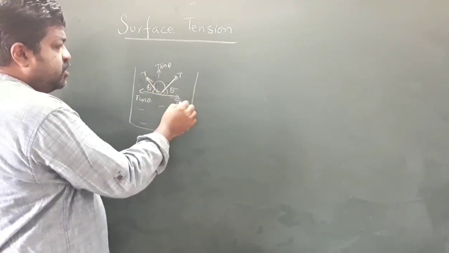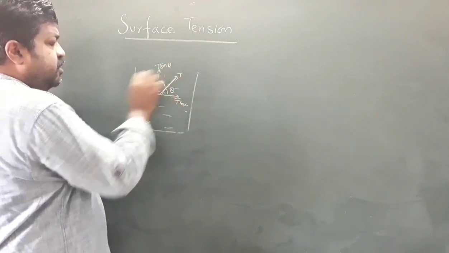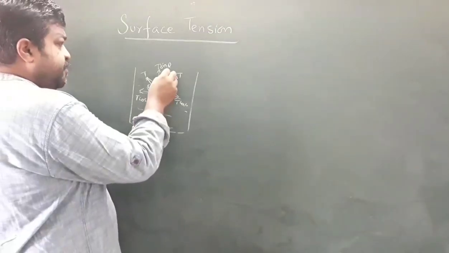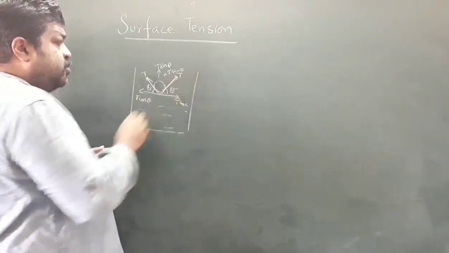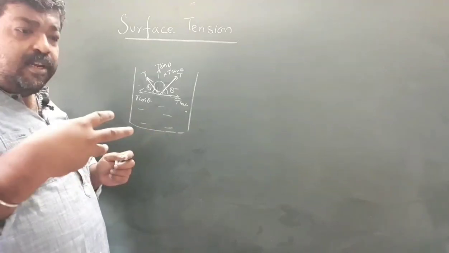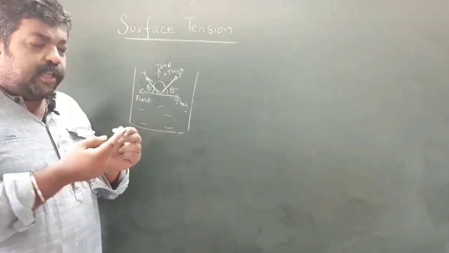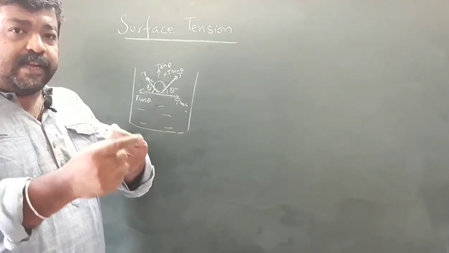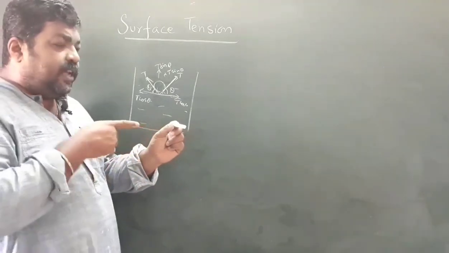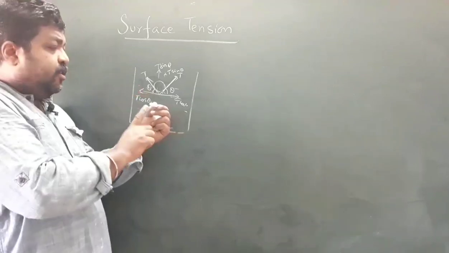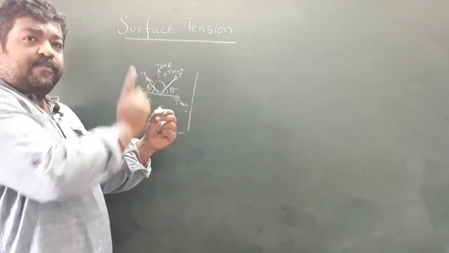Similarly for this it is T cos theta, and in the vertical direction you have T sin theta. So if this is the needle, all T cos theta will act on either side, and all T sin theta will act in the vertical direction.